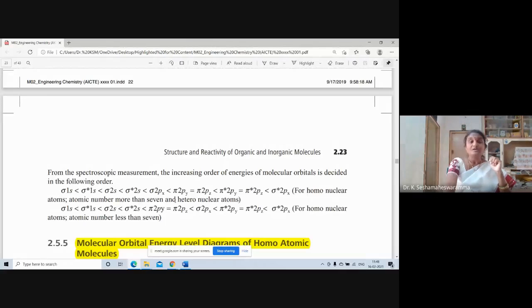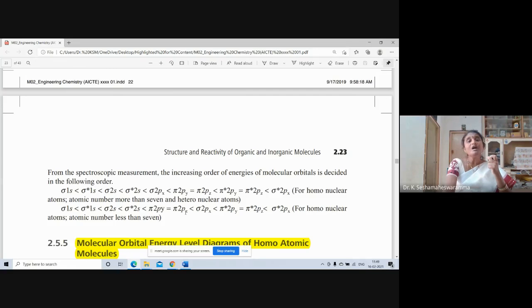Then for homonuclear atoms with atomic number less than 7: sigma 1s, sigma star 1s, sigma 2s, sigma star 2s, up to here it is the same. But here, pi 2py equal to pi 2pz comes first.